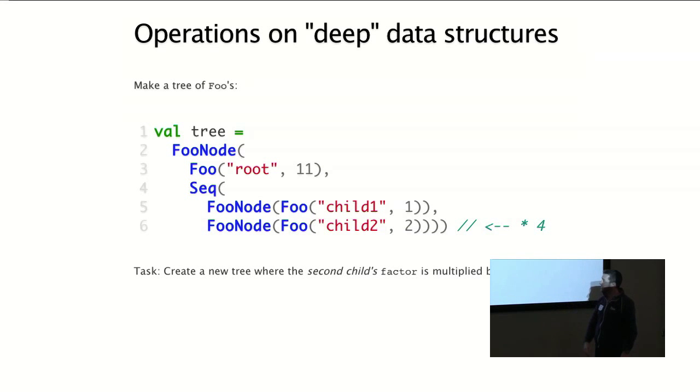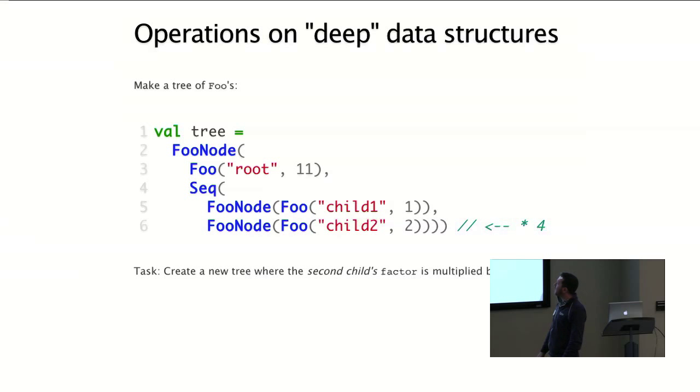Let's say I have this completely arbitrary task, which you can map to whatever arbitrary task you work on daily: I want to go into the second child and multiply its factor field by 4. Your boss wants a function that does this. I don't know, it's very important. Or somebody says, convert the second child to the metric system.